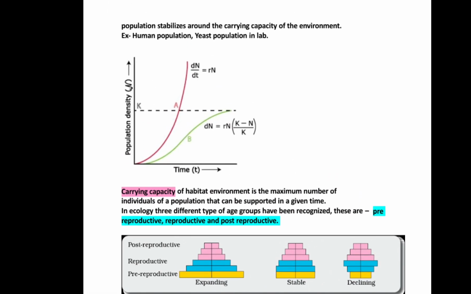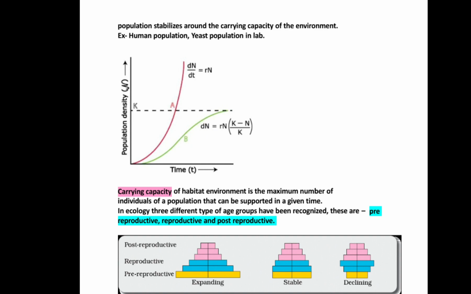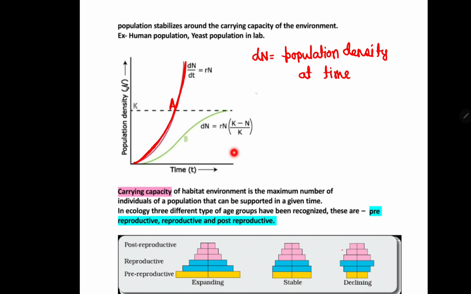Now, when we dig into this point further, it is observed that wherever we have exponential growth, which is indicated by graph A here, suppose dN is the population density at time t, and dt means change in time.